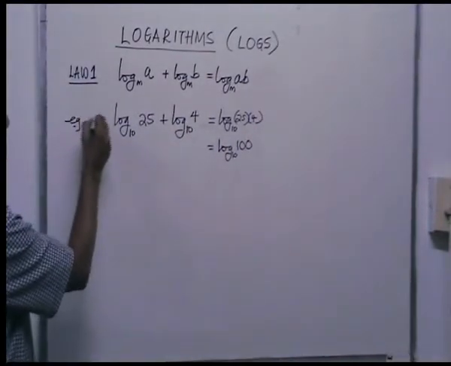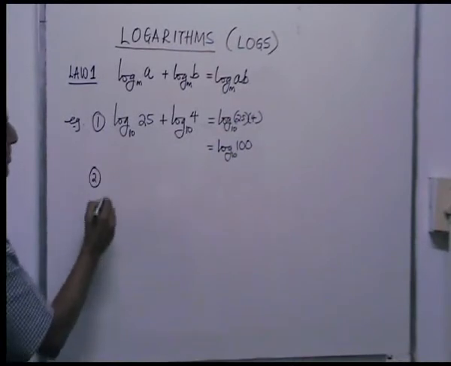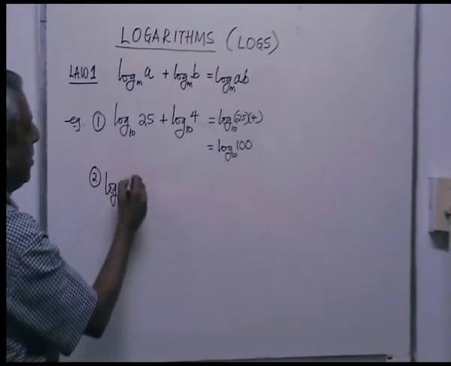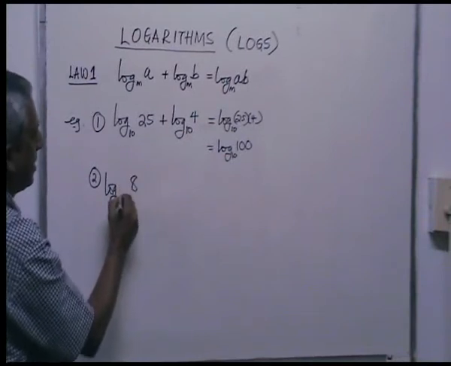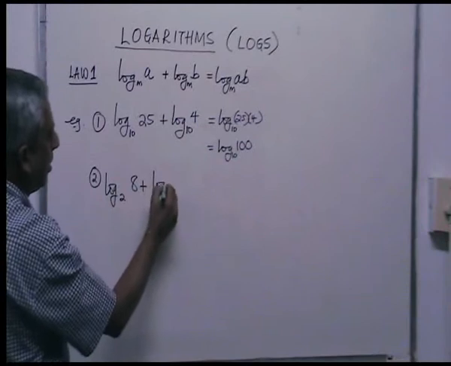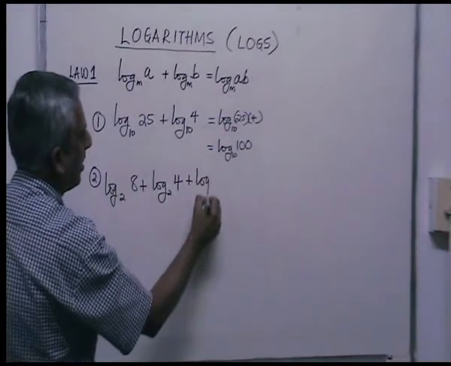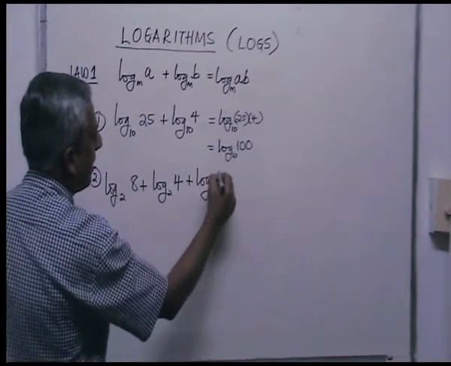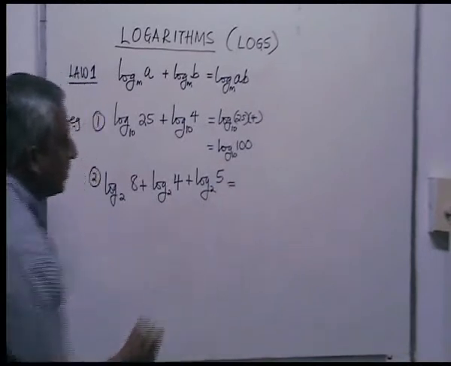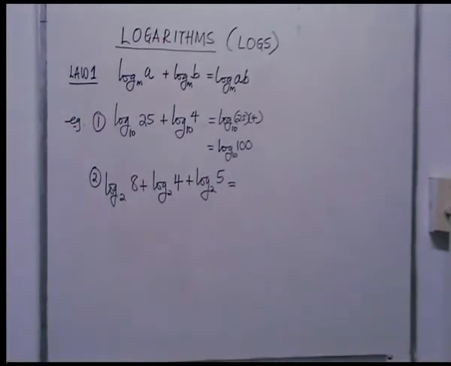Right, let's do another example. So we'll call this example number 2: log of 8 to the base 2 plus log of 4 to the base 2 plus log of 5 to the base 2 is equal to. Now, although the law only shows you 2 numbers there, you can have more than 2 numbers, provided the base is exactly the same. If there's 2 numbers, you multiply the 2 numbers. If there's 3 numbers, you multiply the 3 numbers.